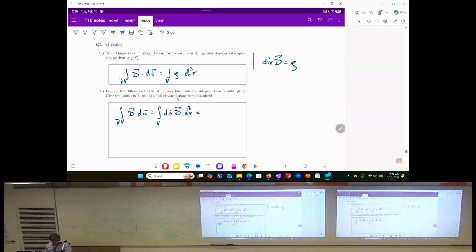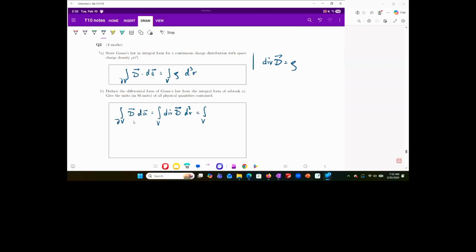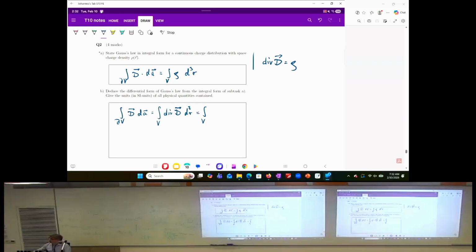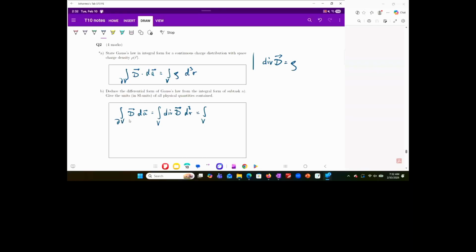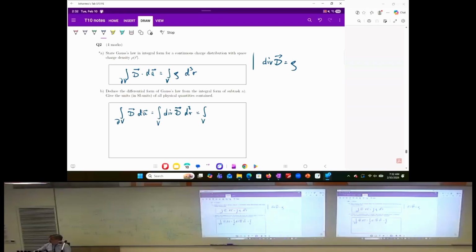You have to know that instead of taking the closed surface integral over the flux density, you can write this as the volume integral over the divergence.